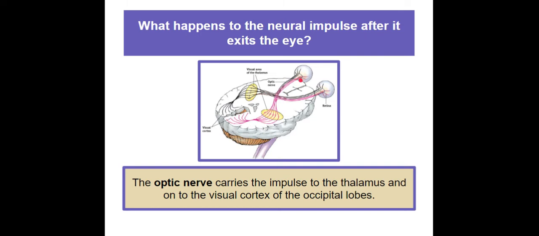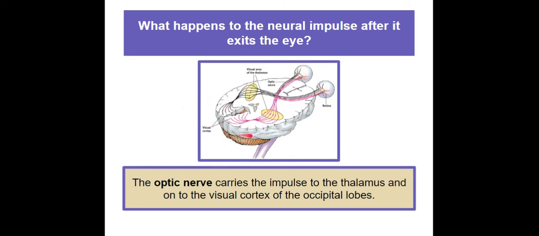The right part of the left eye goes to the right side, and the right part of the right eye also goes to the right side. This is the visual area of the thalamus. Keep in mind that the thalamus is responsible for channeling all of our sensory data. Then it's piped into our visual cortex in our occipital lobe.